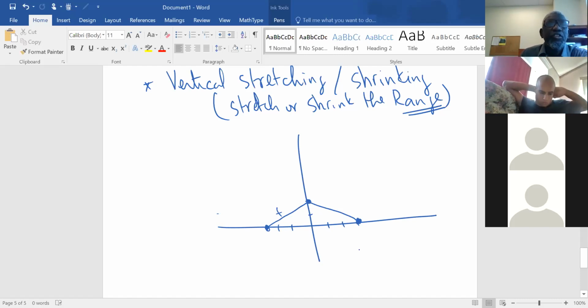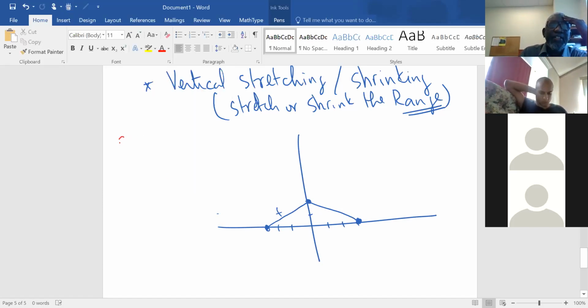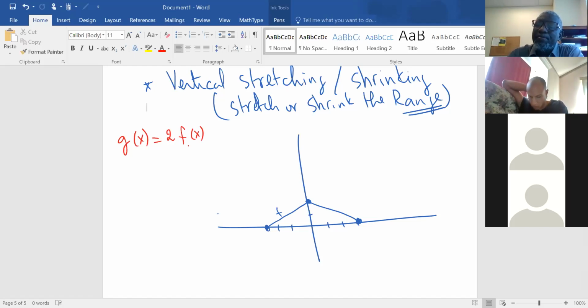Okay, so look, I have a new function, g of x is 2 times f of x. Okay, g of x is 2 multiplied by f of x, right? Okay, look, how much is f of 0?